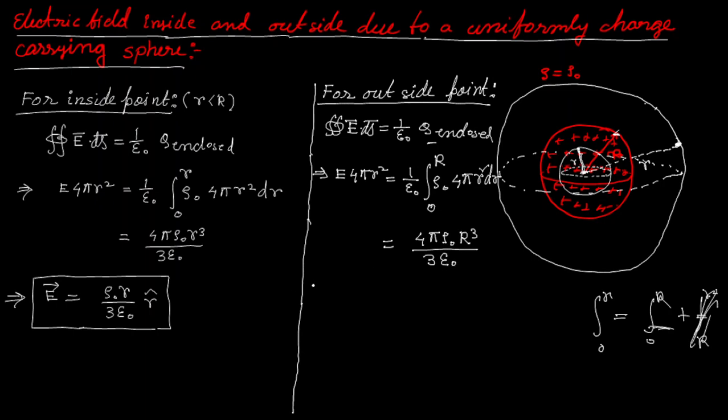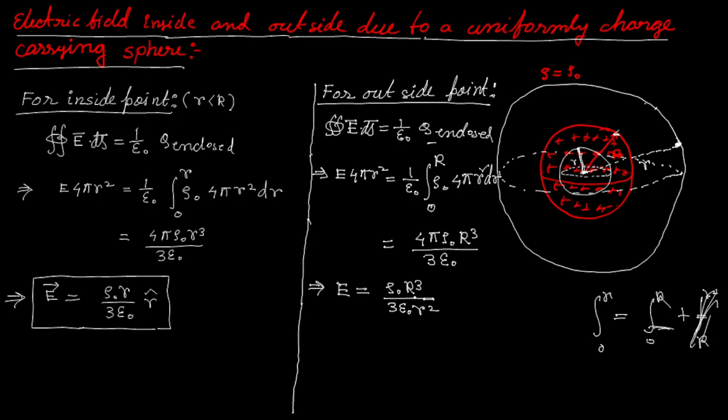And then if we divide by this 4 pi r square on the right side, we get E equals rho naught R cube divided by 3 epsilon naught r square.